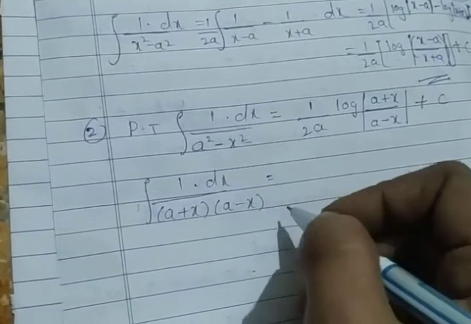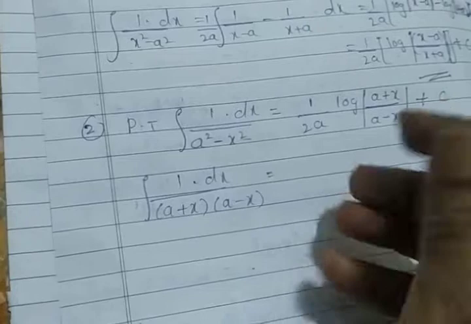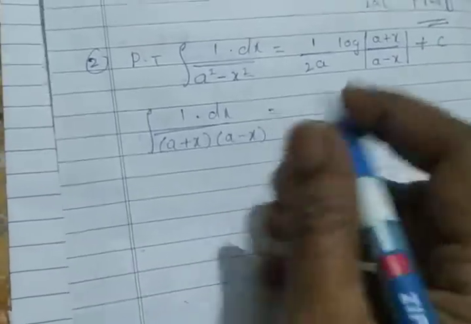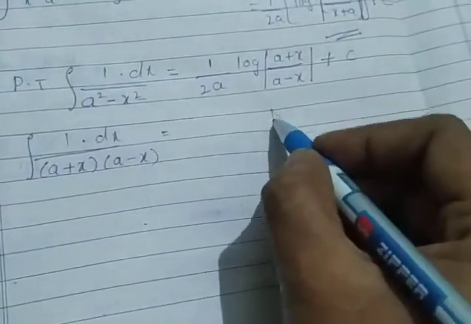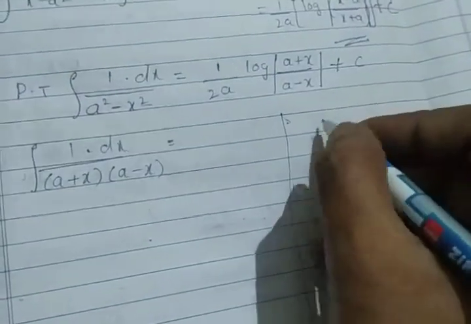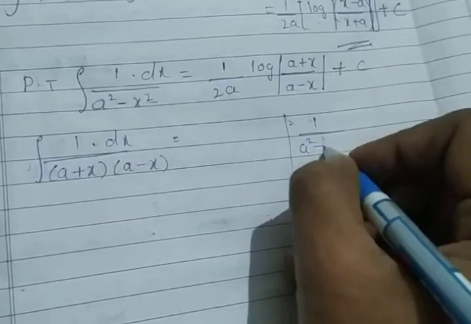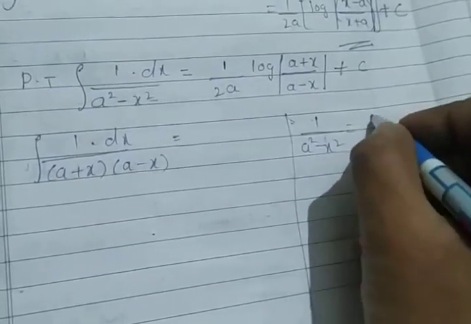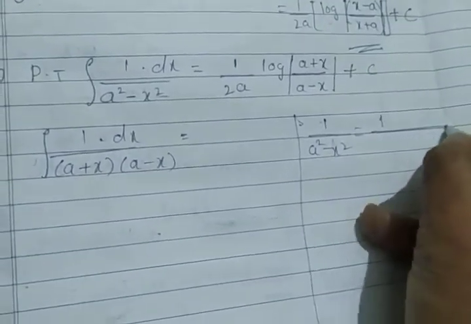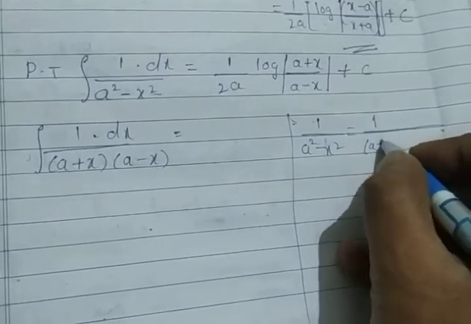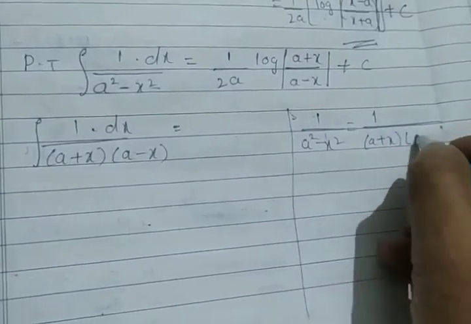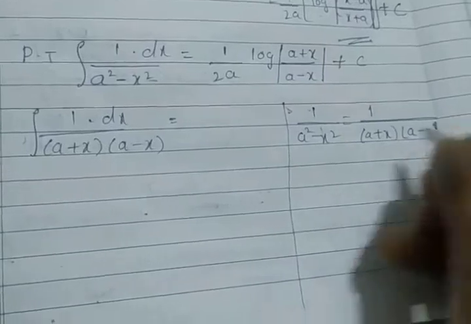So multiply and divide by 2a. So let us take the condition. 1 by a square minus x square can be written as 1 by (a plus x) into (a minus x).